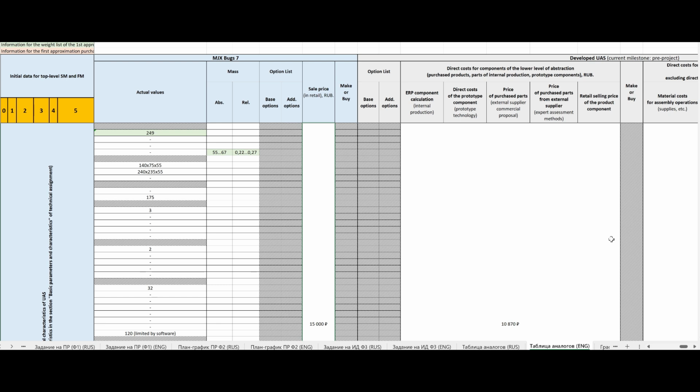In this case, when forming the amount of direct costs for the unmanned aircraft system being developed, we use information from other sources and install alternative components other than those of the analog at the discretion of the design engineering departments of the project team.